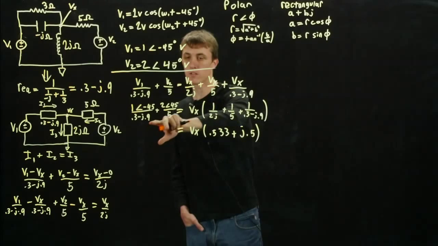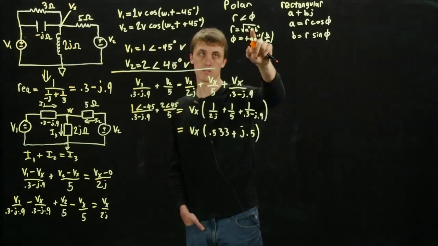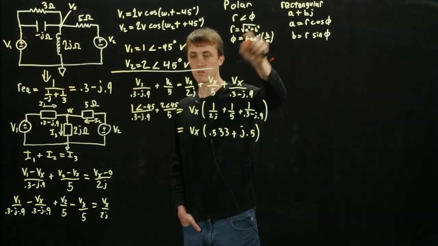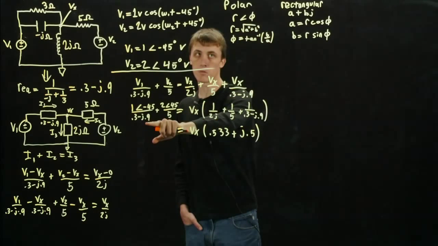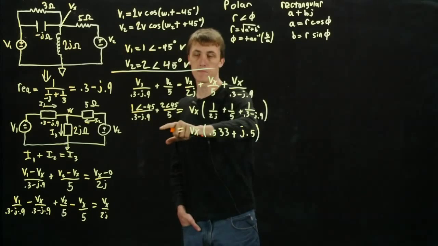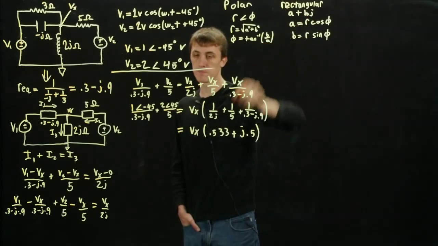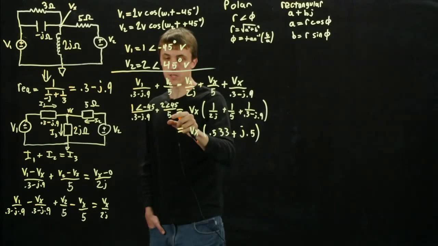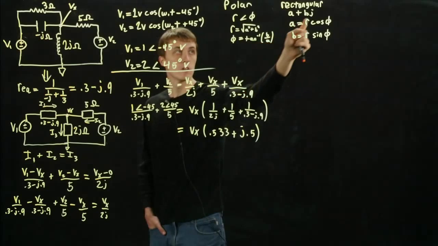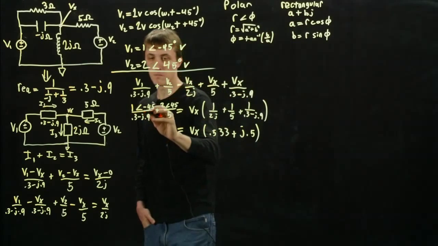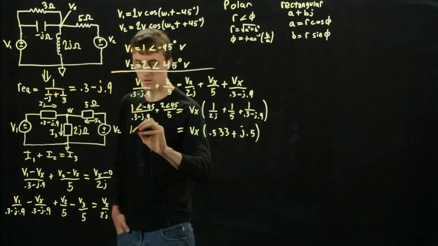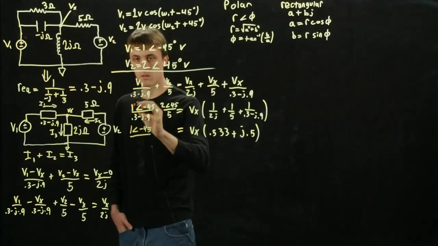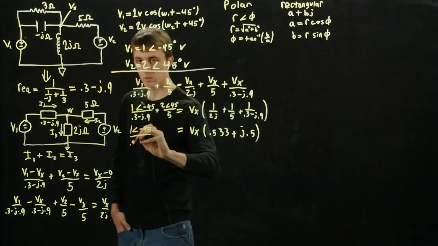So I'm going to convert these two into polar form using these equations. r will equal the square root of a squared plus b squared, where this is a and this is b. And the same here, where we don't have a j term, so the b will just be 0. So this will give us 1 angle negative 45 over r, which is 0.949.